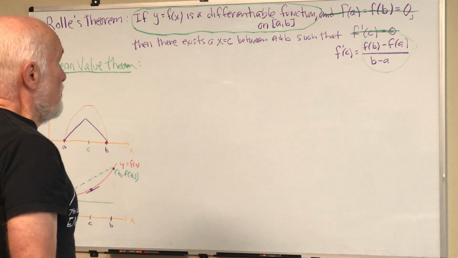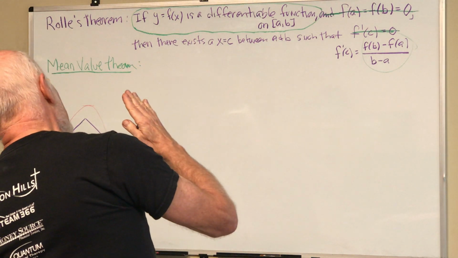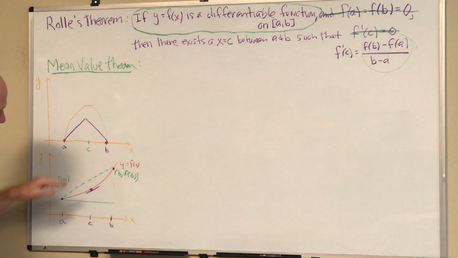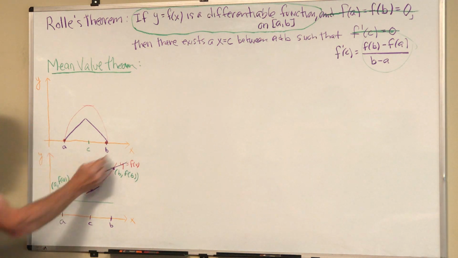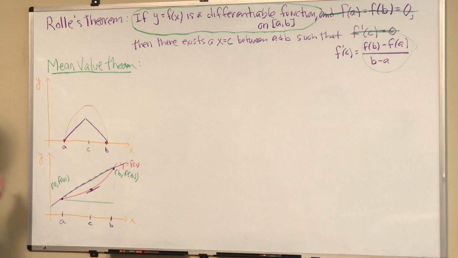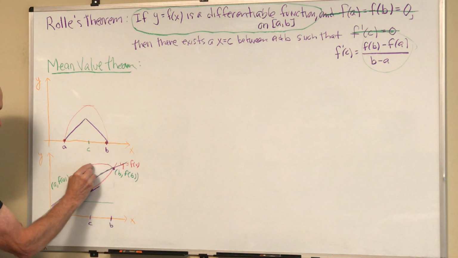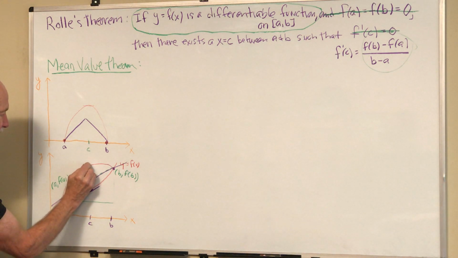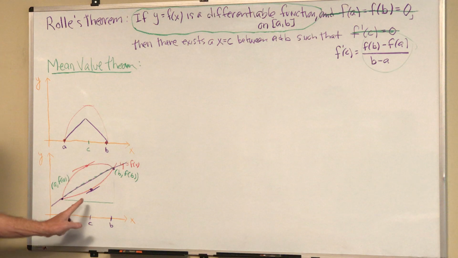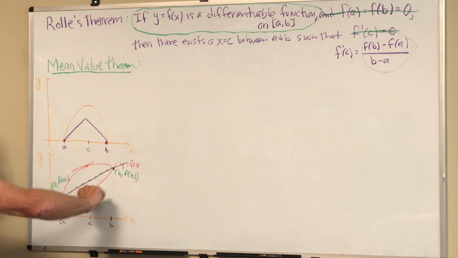That's what the mean value theorem is saying, if you have a differentiable function. So, without actually proving it, if you think about just tilting your head a little bit to the side like this, and thinking of this as the x-axis, you can see, maybe I should have made this function up here instead of down here, you can see that the mean value theorem is just Rolle's theorem.